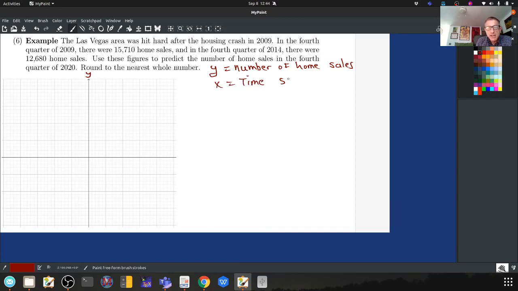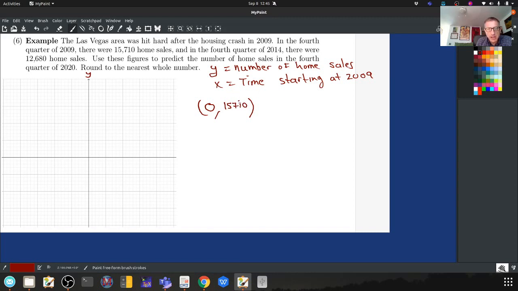Time starting at 2009. So my first point, x y, is going to be in 2009, which is going to be my 0 value, because that's where we're starting, and 15,710 is the number of home sales in that year.